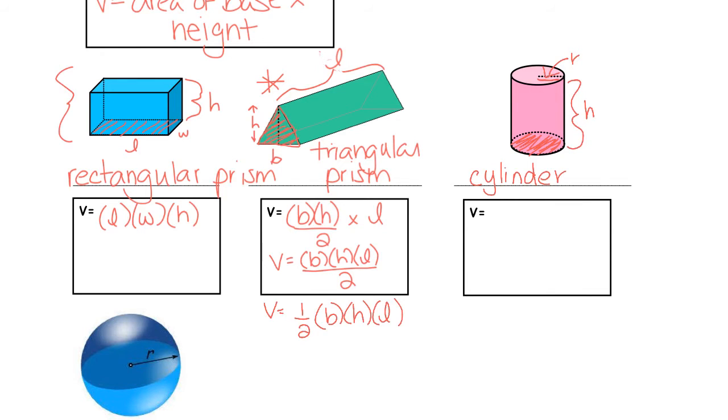The area of a circle is pi r squared, and then, of course, we multiply this times the height. You can just write it all together as pi r squared h, knowing that each of these is multiplied together. Those all mean the same thing. That's our volume for the cylinder.